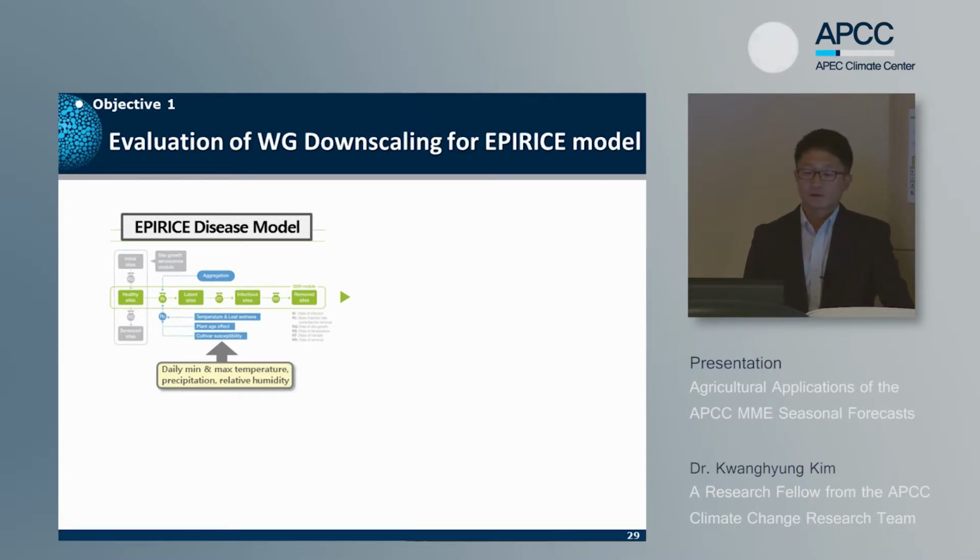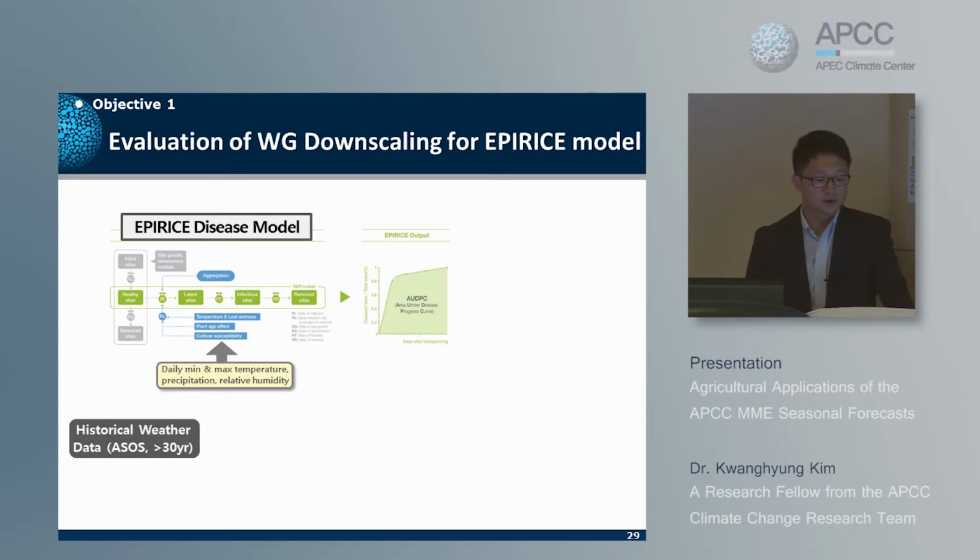First, for general usability to the EPIRICE disease model as a standard, a few weather generators were screened and selected for further analysis. First, you get the observed disease risk using historic weather data, which comprises daily rain, temperature, and relative humidity.